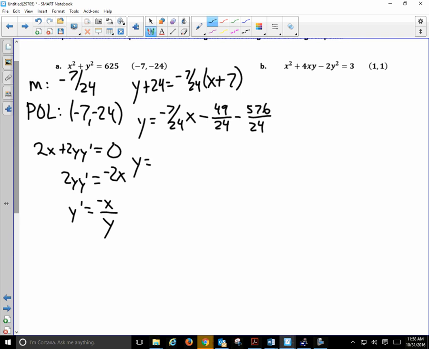So y is equal to negative 7 over 24x minus 625 over 24. Cool. Isn't it kind of fun? You see the 7, the 24, and the 625 in the answer. That'd be a good problem to put on your final exam.